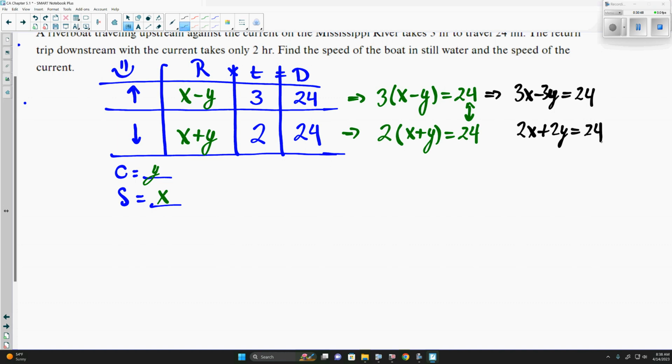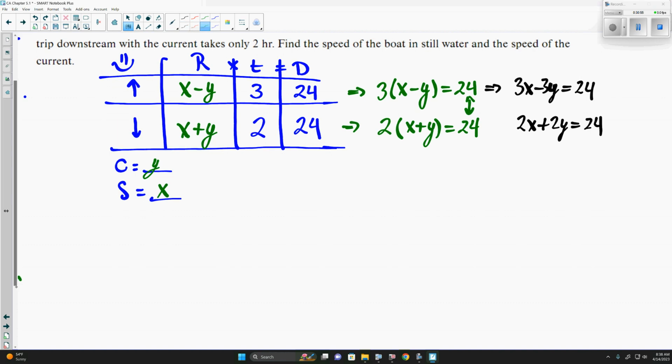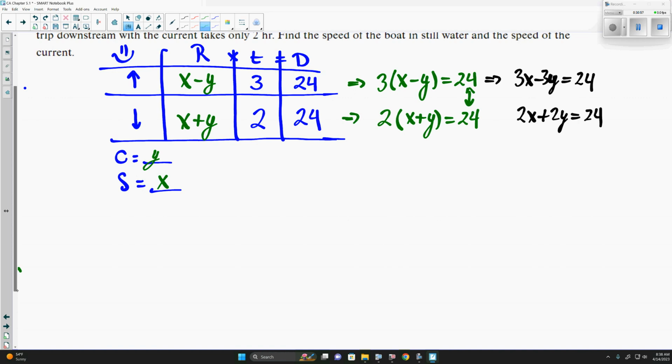Now we can do this by elimination or substitution. I would do it by elimination. Now, we need to eliminate one of the two variables. Do we want to eliminate x or y first? Y'all can pick. Let's just do x.